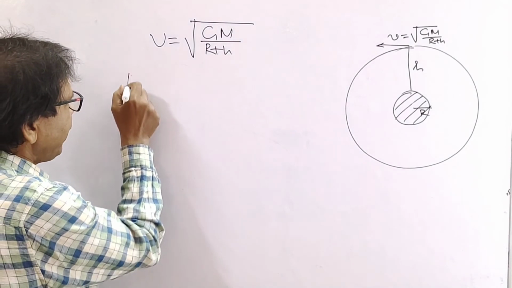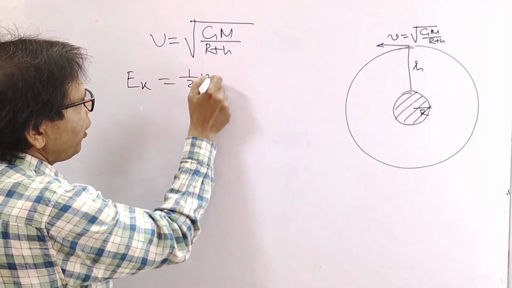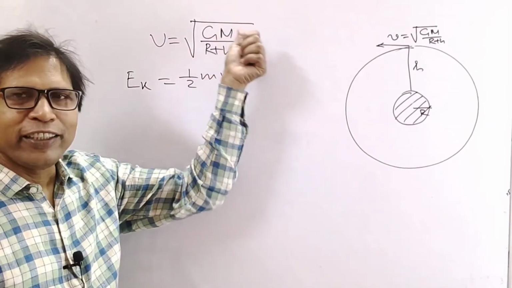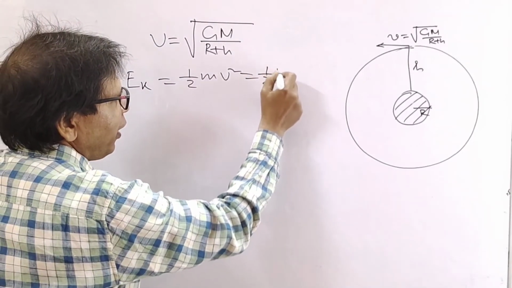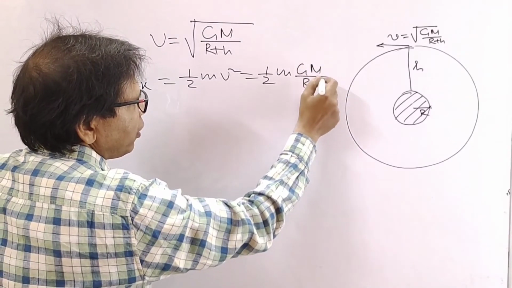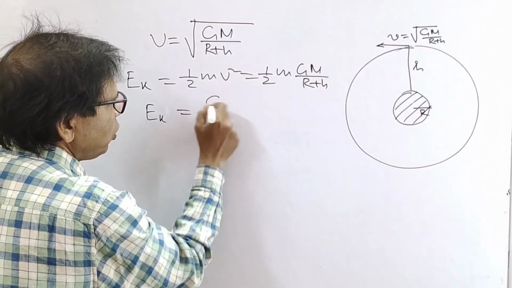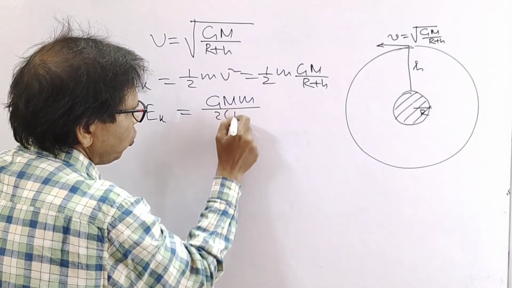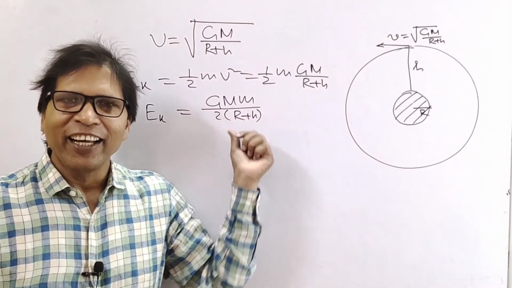So its kinetic energy EK is equal to half m v square. Now v square is equal to GM by R plus h. So this is half m GM divided by R plus h. So EK equals G capital M small m divided by 2 into R plus h. Okay, understood?